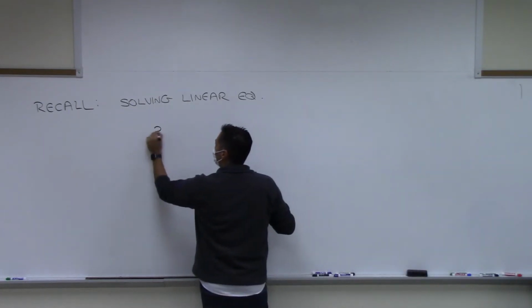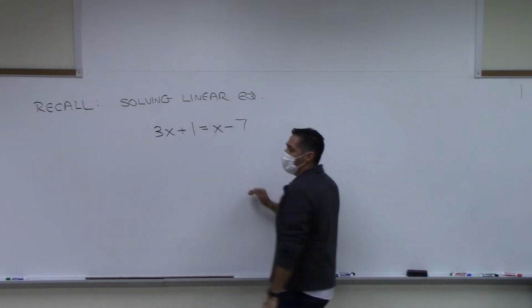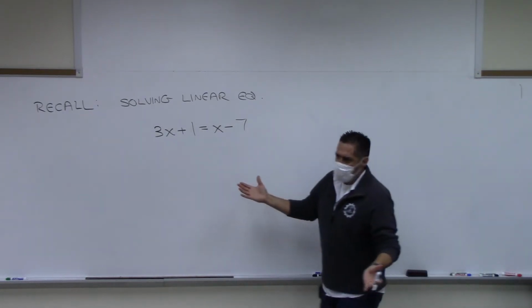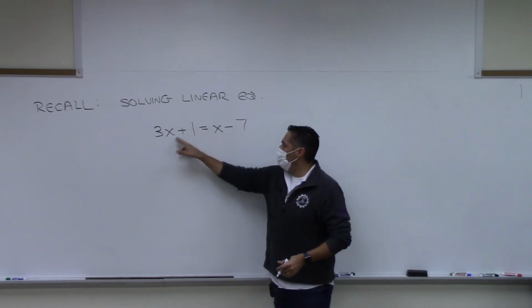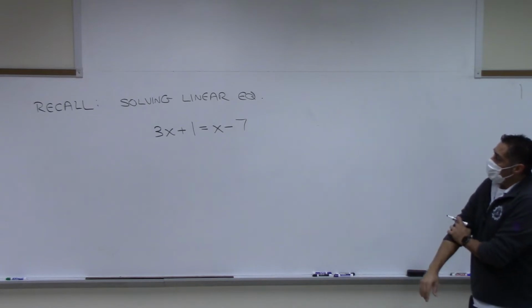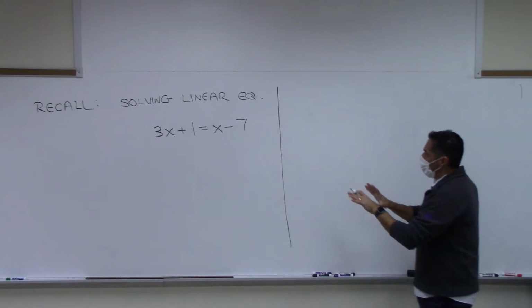It was something like 3x plus 1 equals x minus 7. That was an example of a linear equation. I said, okay, what makes it a linear equation? Oh, well, we have an equal sign, and then we have a variable, and it's raised to the first power, right? That's a linear equation.